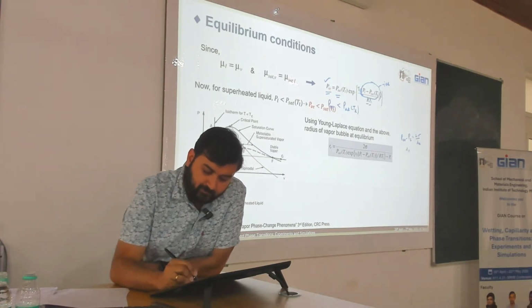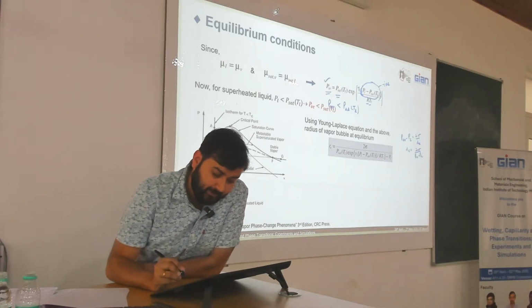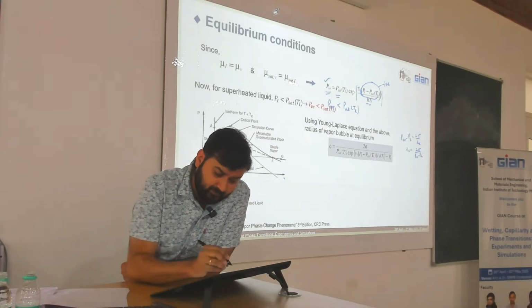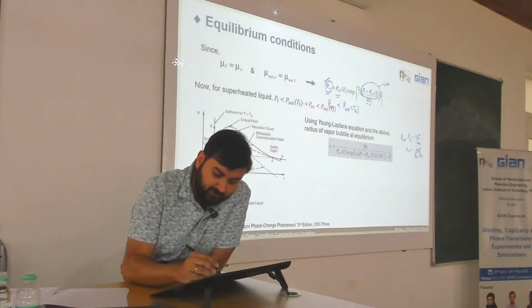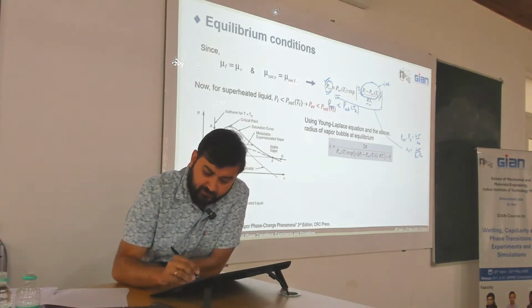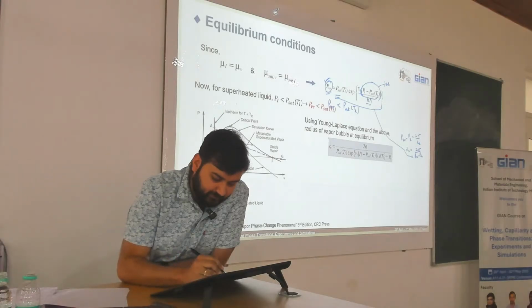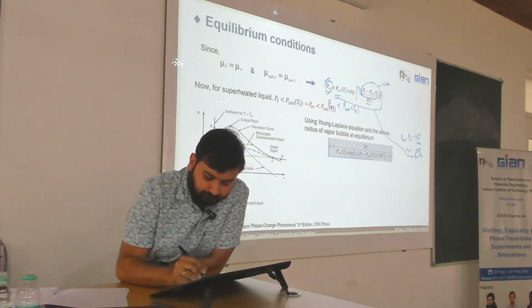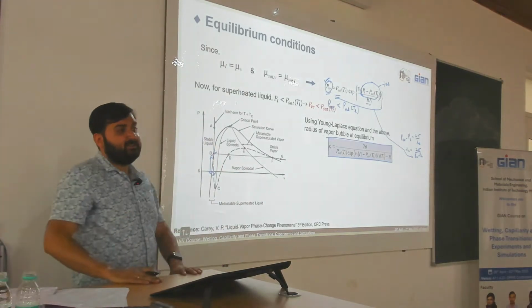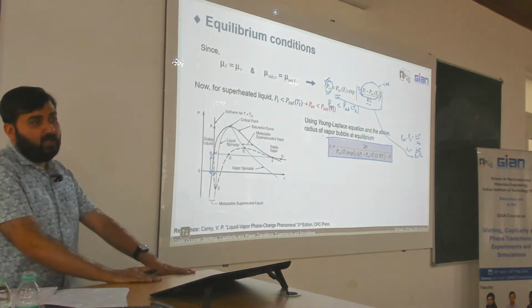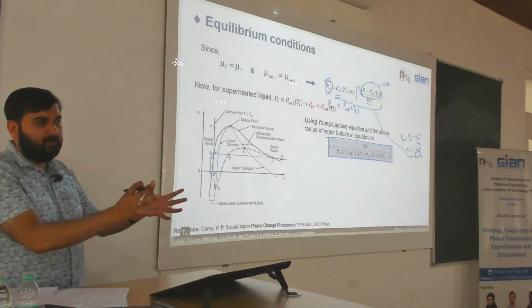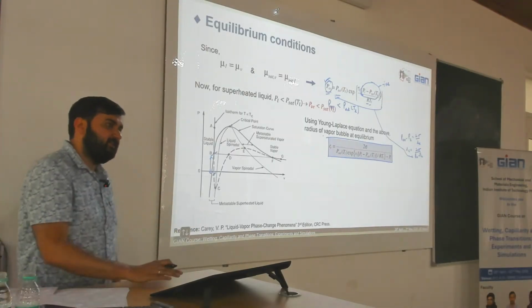Then R equilibrium would be equal to 2 sigma by PVE minus PL, and then we can put in the whole expression for PVE here, and we'll end up with this term. So this would be the radius the vapor must have to be in equilibrium.